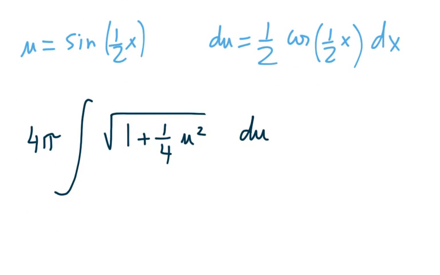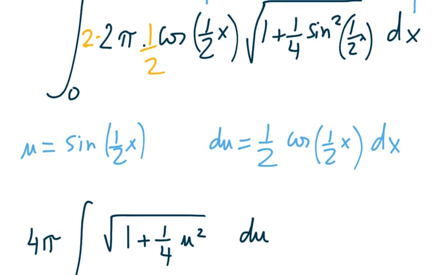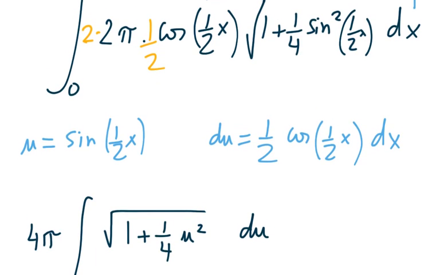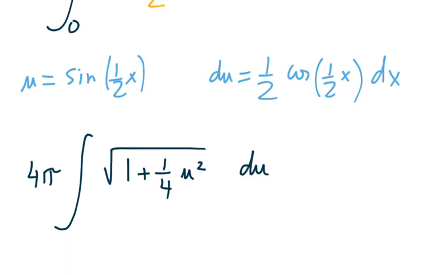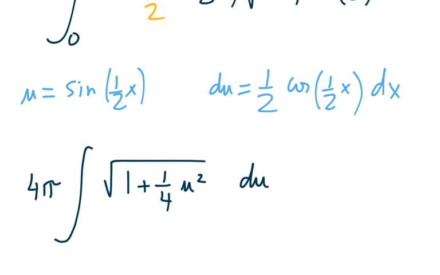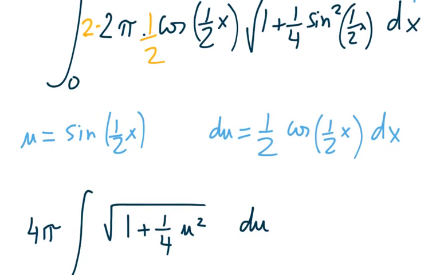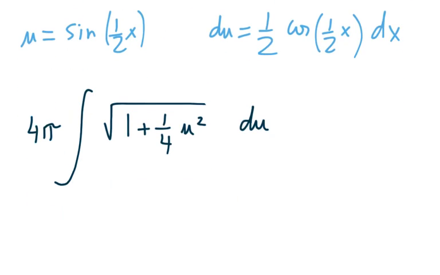Now we need to change the endpoints, since u is sine of 1/2 of x. So instead of 0, we're going to change it to the sine of 0, which is 0, so it's still 0 here.